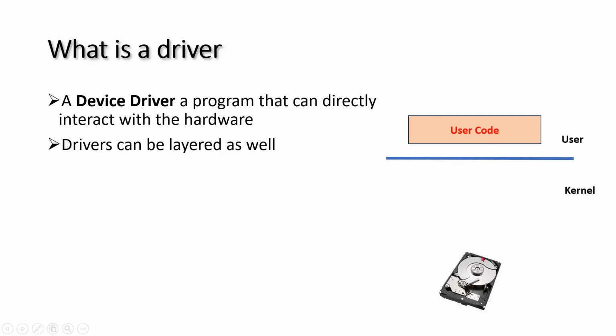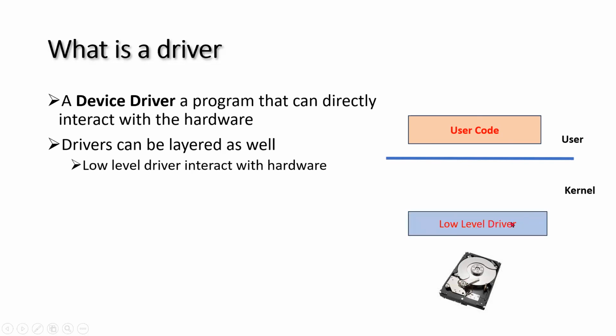In this image, you can see there is a device and there is user mode code, which is in the user mode part of the virtual memory. There are low-level drivers which can interact with the hardware, or these are known as the device drivers, which can directly interact with the hardware.